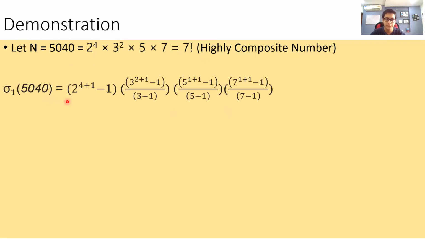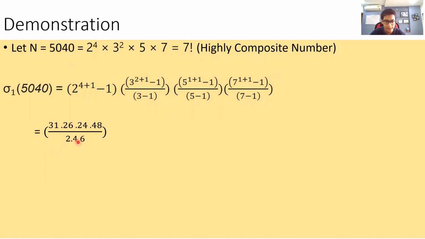So the sum of divisors of 5040 equals 2 power 4 plus 1 minus 1 over 2 minus 1, which is over 1, so I've just left that aside, times 3 to the 2 plus 1 minus 1 over 3 minus 1 times 5 to the 1 plus 1 minus 1 over 5 minus 1 times 7 to the 1 plus 1 minus 1 over 7 minus 1. Simplifying, we get 31 times 26 times 24 times 48 whole over 2 times 4 times 6.